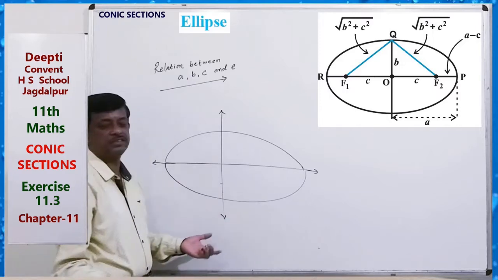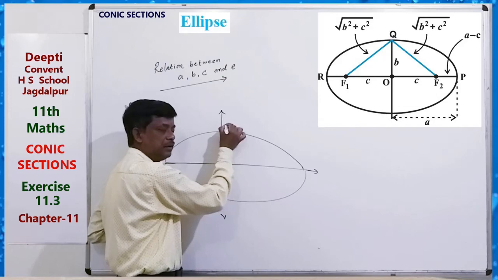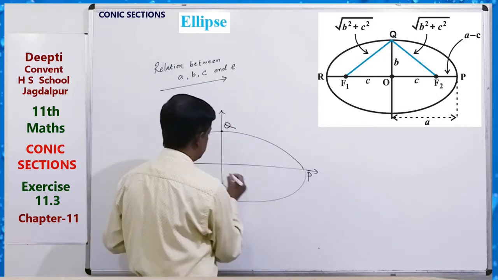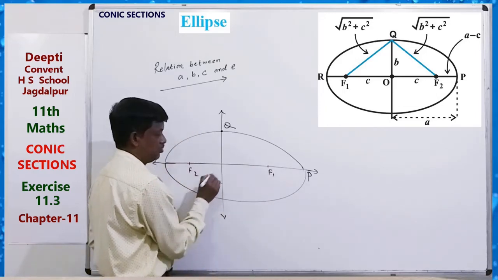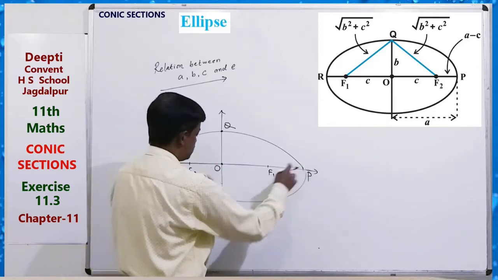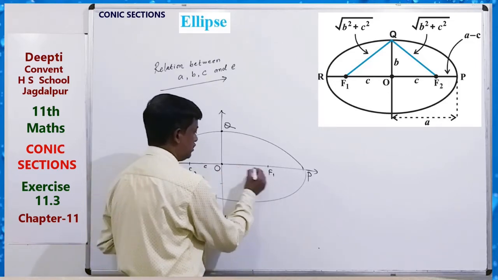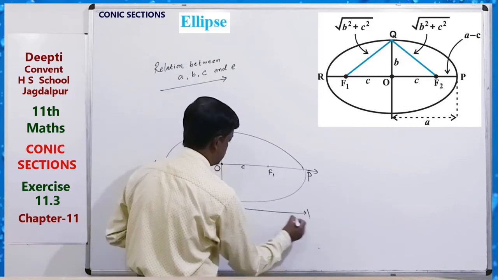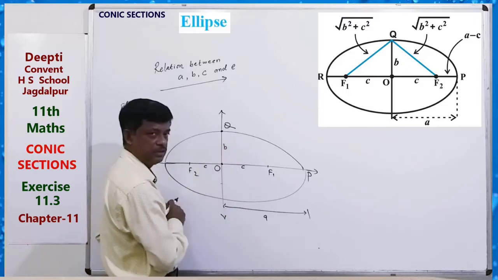Now this is point Q, this is point P, this is focus F1, this is focus F2, and this is the center. This distance is C, this distance is also C, this is A and this is B.